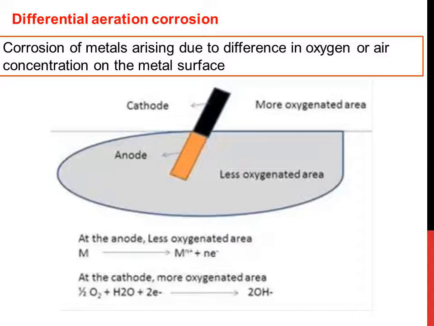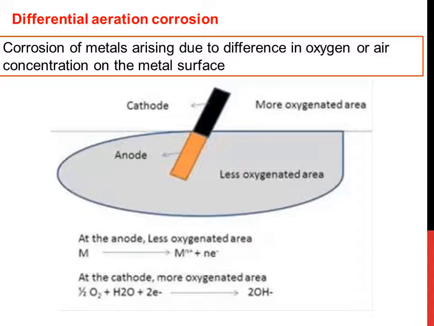In the poorly oxygenated region, the metal readily undergoes oxidation with the liberation of electrons. Below the diagram you can see the reaction, where M represents metal and n is the number of electrons. Where the oxygen availability is less, the possibility of the oxidation reaction is more.